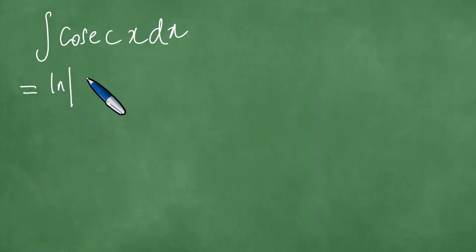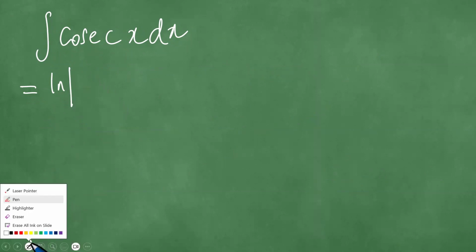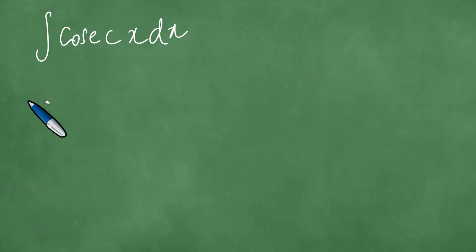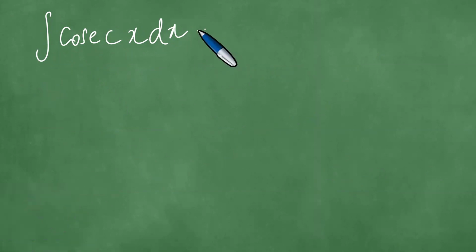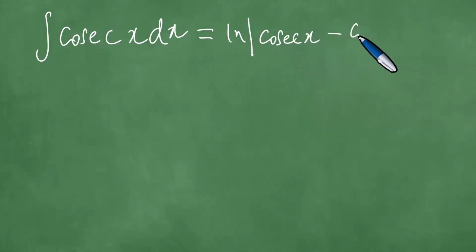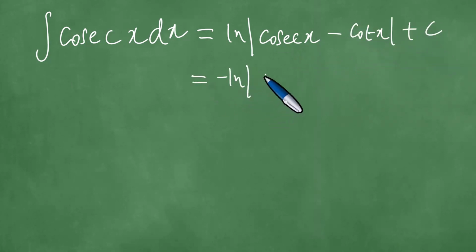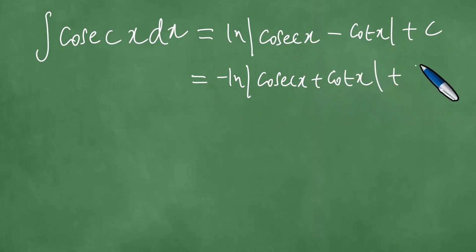You can write it here and say it is the natural log of cosecant of x minus the cotangent plus c, which is minus the natural log of cosecant of x plus the cotangent plus c.